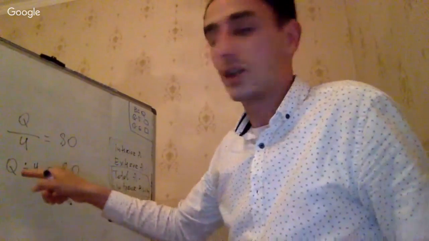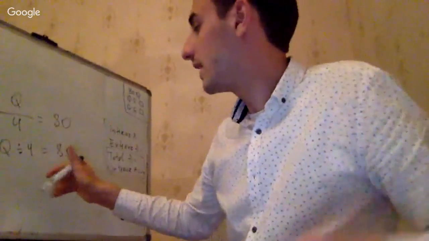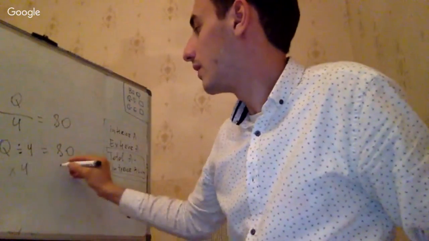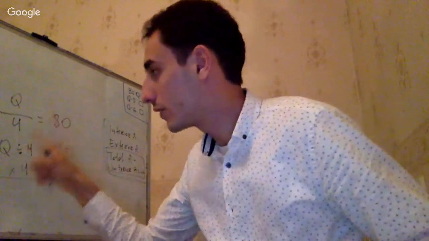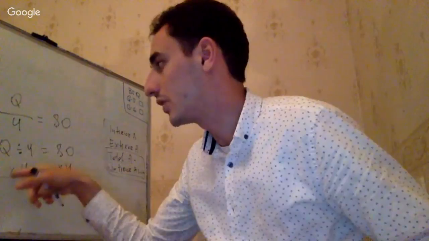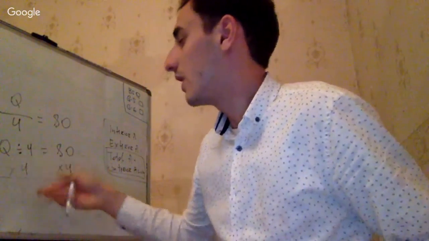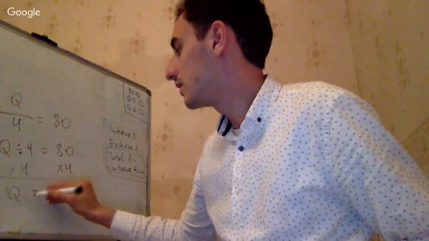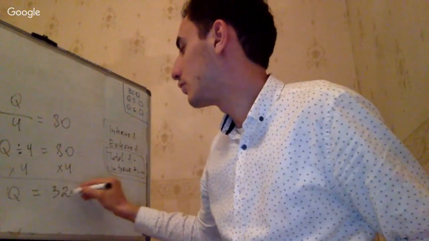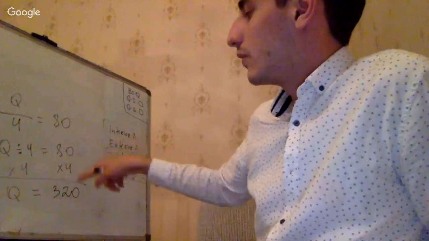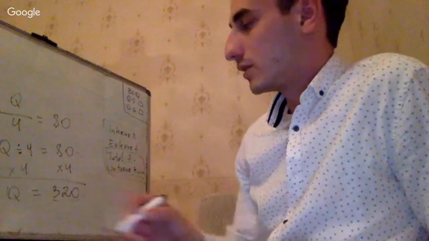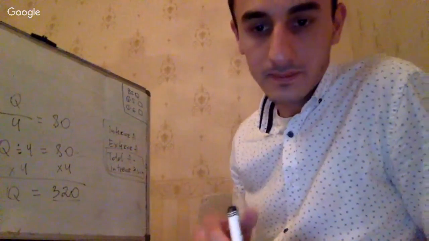So for finding the Q now, I need to multiply both sides by 4, because the inverse for division is multiplication. So now I have Q is equal to 320, because 80 multiplied by 4 is 320. So Q is equal to 320.